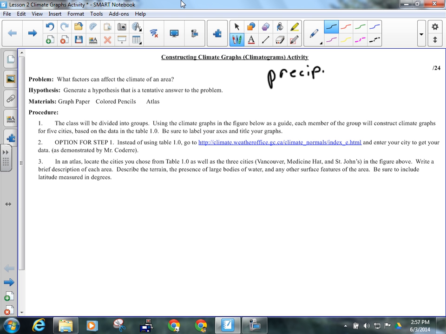This and one other thing. Right? These are the 2 big parts of climate. Right? The other 2, okay, light and wind. Right? These are the four components of climate.